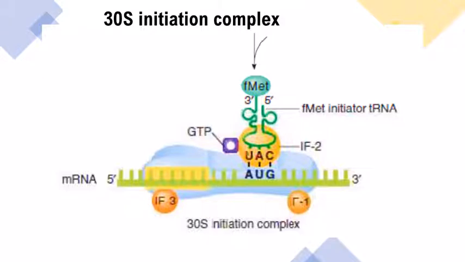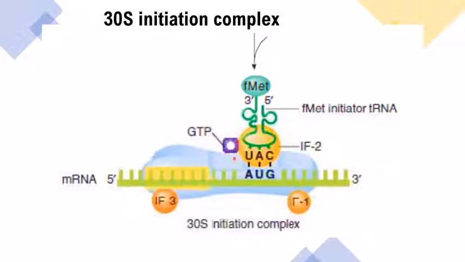Here the complementarity can be easily observed. Uracil is paired with adenine, adenine is paired with uracil, cytosine is paired with guanine. So the first tRNA molecule, which has an anticodon sequence complementary to the start codon, will bring the formylmethionine to the site of the 30S initiation complex.